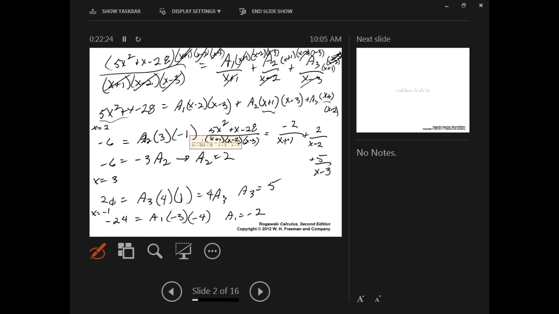Log x. So this would be minus 2 times log of x plus 1, plus 2 times log of x minus 2, plus 5 times log of x minus 3. You can almost do it, right? Buy that, or is that all magic?